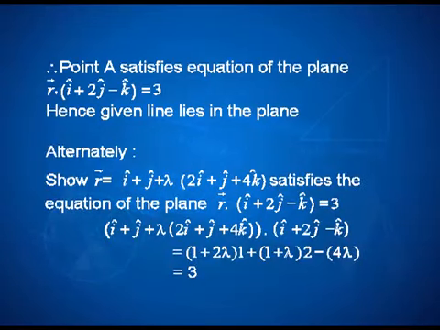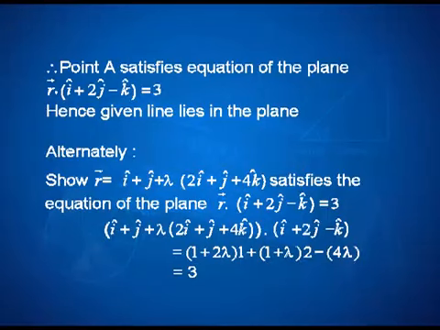If you look at the equation of the plane and the line, you will realize that if I replace the vector r in the plane with the vector r, which gives us the general coordinates of any point on the line, then if the equation is satisfied, our job is done.